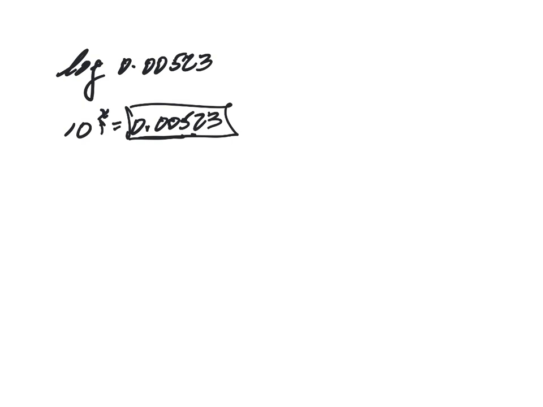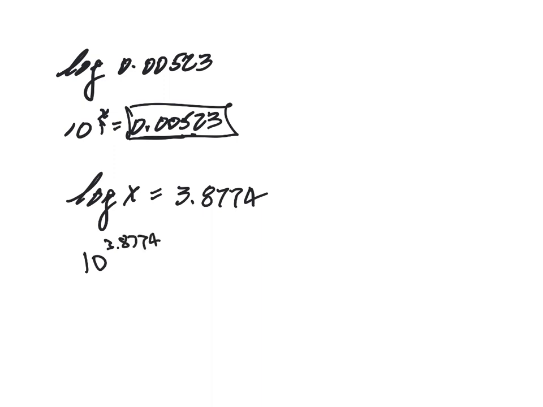So, for example, if I said the log of x equals 3.8774. This is example number 4, by the way. This is saying if we put 3.8774, again, I apologize for my writing. If we take 10 to that power, what number do we get?